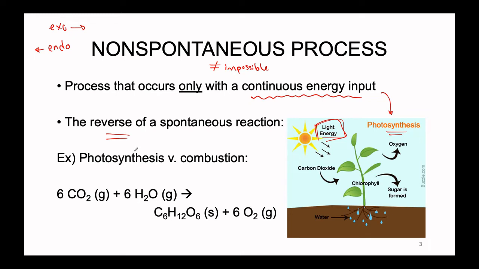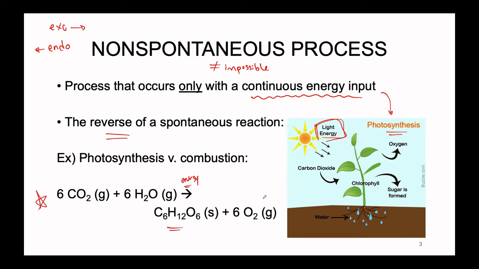We know, as we just said, this is a non-spontaneous process. Plants need continuous light energy in order to carry out photosynthesis, and photosynthesis in its most simple form can be seen written in this reaction down below, where over the course of photosynthesis, a plant will absorb carbon dioxide from the air and absorb water from the ground. And so long as we have energy coming in, then the reactants here, the CO2 and the H2O, get processed and turned into sugar and oxygen.